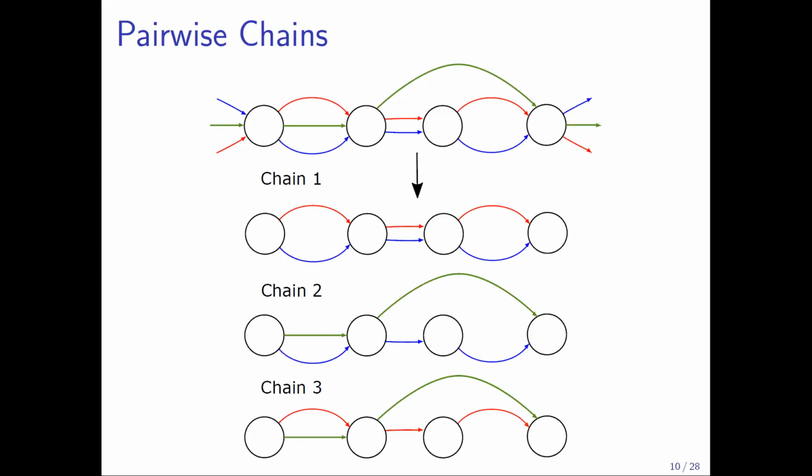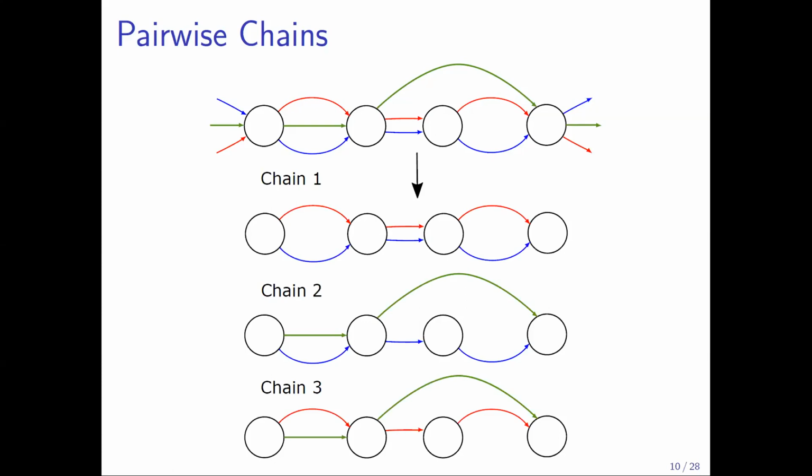Each pair of genomes forms this simple object, a sequence of bubbles. And our goal is, given this compacted de Bruijn graph that's formed by potentially multiple genomes, to find all pairwise chains of bubbles.